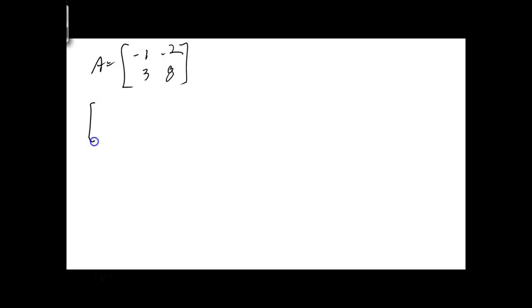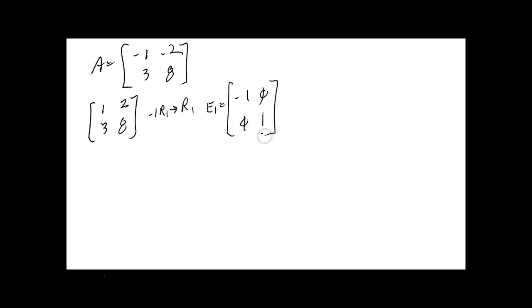So that would produce a 1, 2, 3, 8, right? How did you do that? -1 times row 1 is the new row 1. Now, the elementary matrix that did that same thing, E1, would have been what? -1, 0, 0, 1.